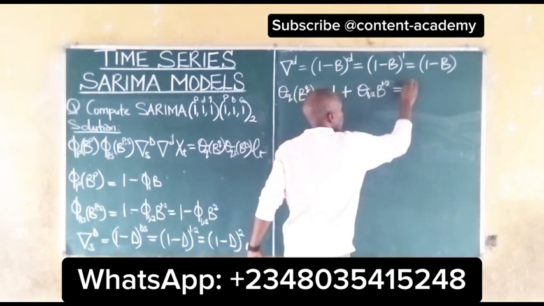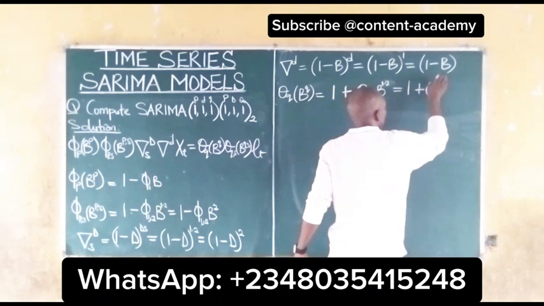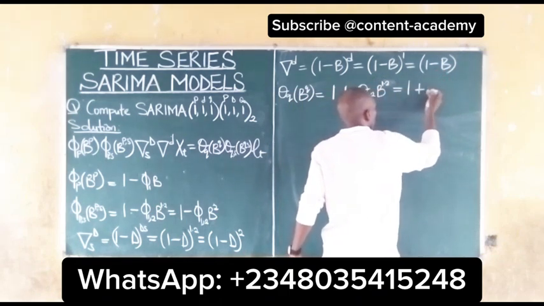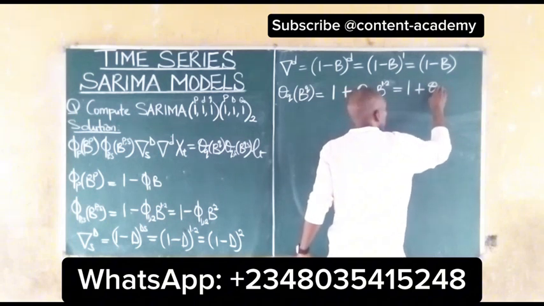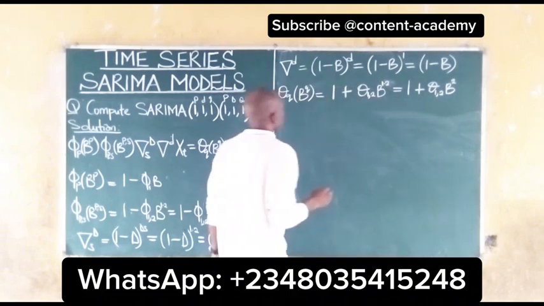So we can write it to be 1 plus theta 1,2 B raised to the power of 2.